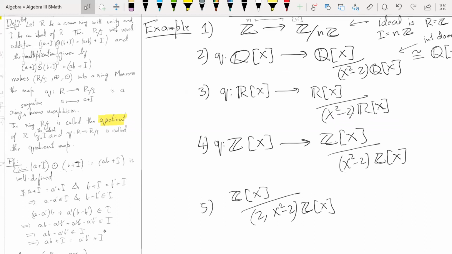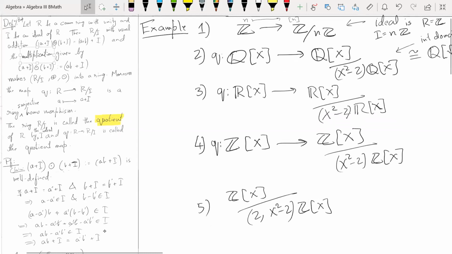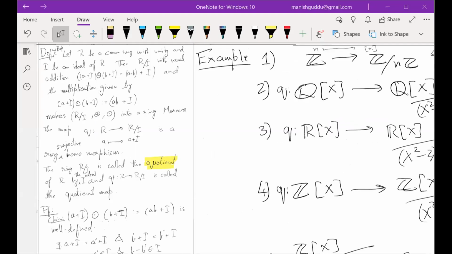Okay, so this is the example. First I talked about this chat, which I should again mention. The two comments which were made, one by Shubhankar and the other by Sandeepan, are correct.